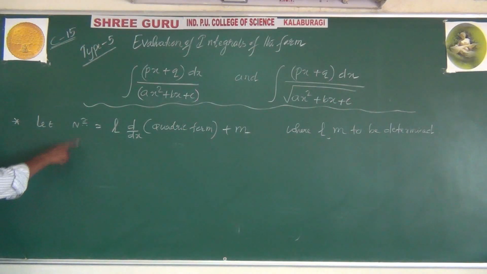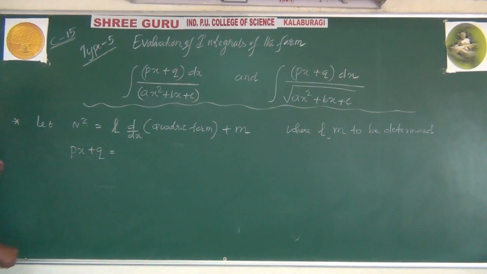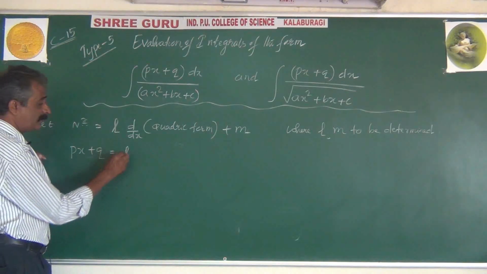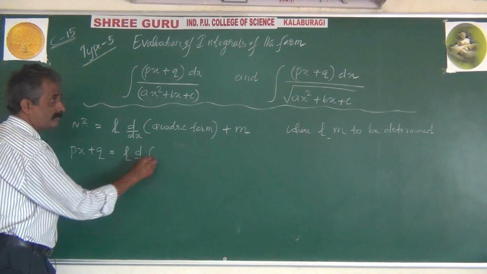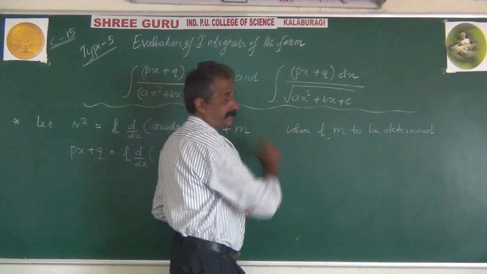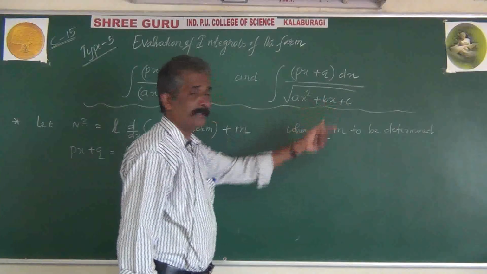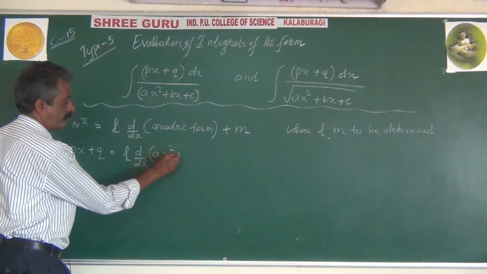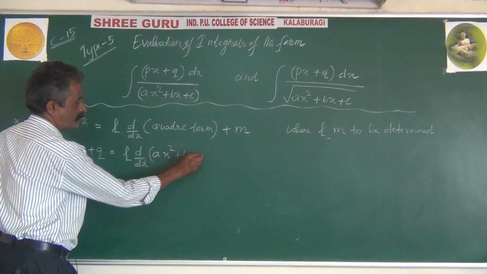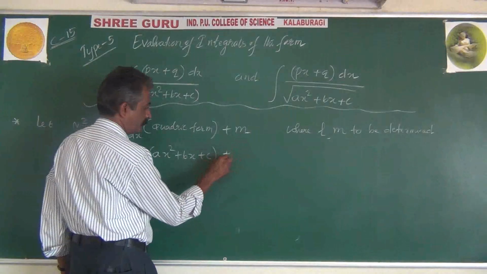Now, what's the numerator? px plus q equals L into the differentiation of the quadratic term. In either of these two cases, that quadratic term is ax square plus bx plus c, plus m.